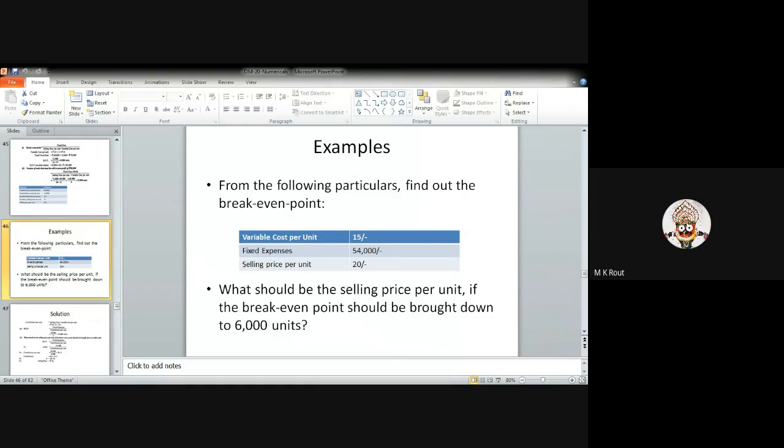Okay. Subhash is fine. What is your answer for break-even point? Shubham Agrawal. Doing, sir, doing. Okay, fine.